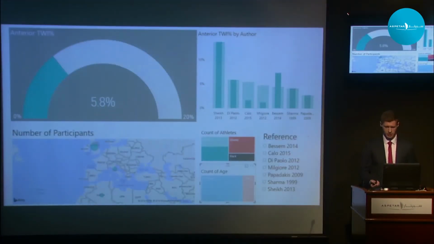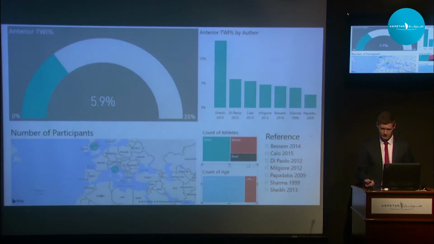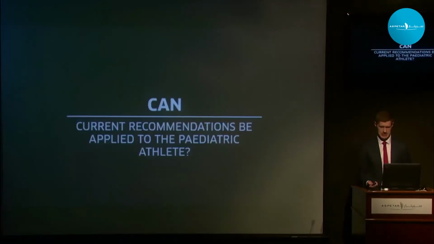If we consider a cutoff of 14 years and compare less than 14 versus older than 14, we can see there's a relatively small shift here, which is actually quite surprising because we usually associate anterior T-wave inversion as a juvenile pattern. I'm going to get back to this at a later point in the talk as to why I think this might be the case.